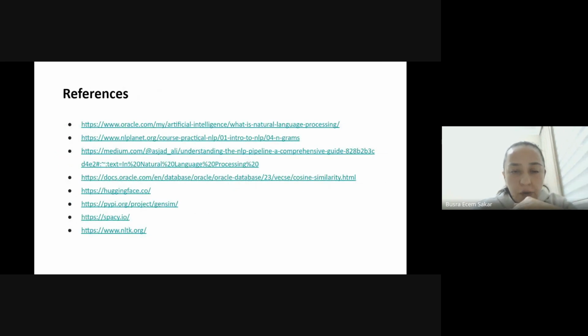So before we conclude, I want to mention some key resources and tools that helped inform today's presentation. The Hugging Face Transformers library and Gensim are widely used for implementing NLP techniques like text classification, sentiment analysis, or topic modeling. And libraries like spaCy and NLTK are essential for text pre-processing tasks like tokenization and stop word removal.